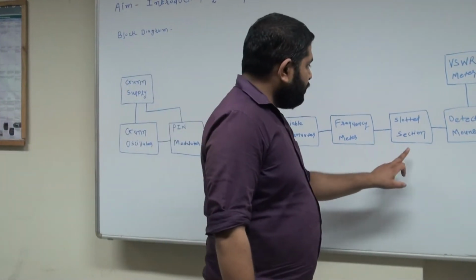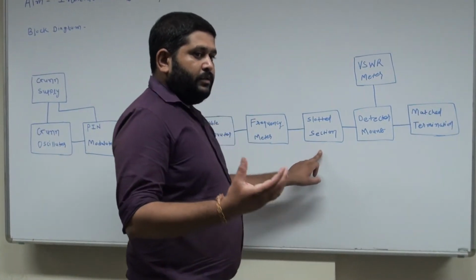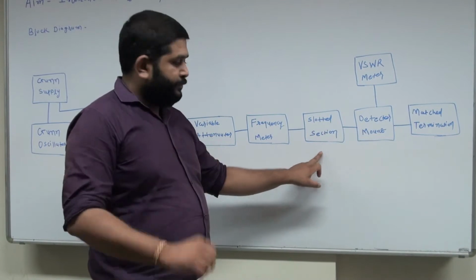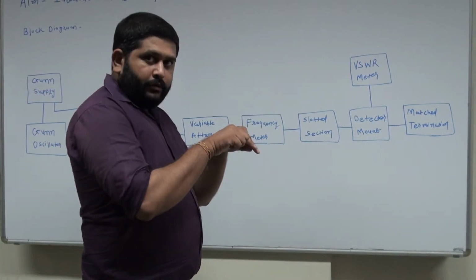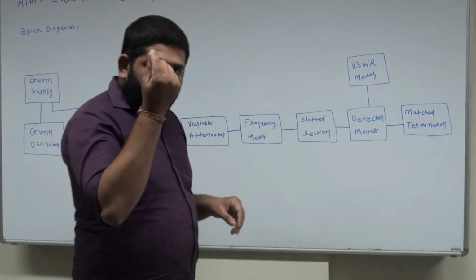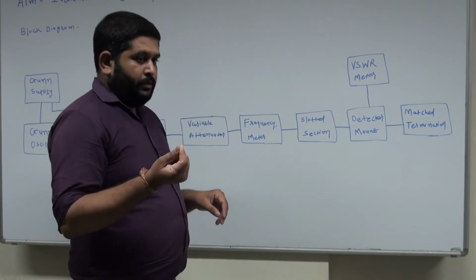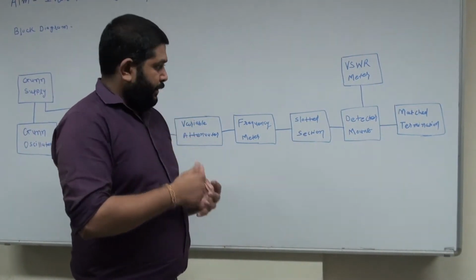And then next is the slotted section. The slotted section is similar to a waveguide, and here we create one micro slot, and that slot uses a probe, and using that probe we will take the measurement.